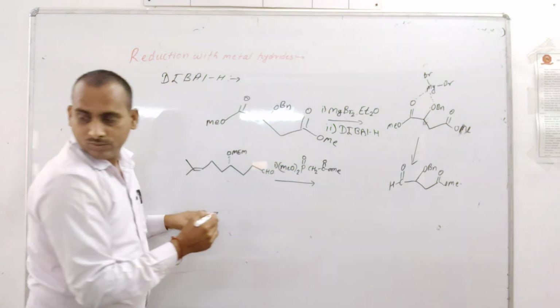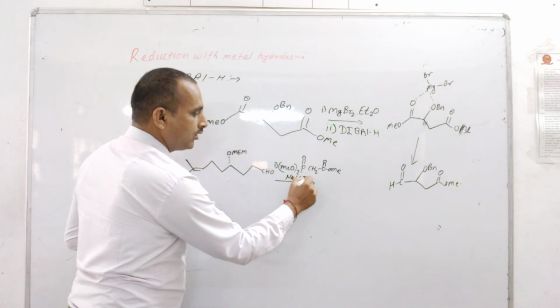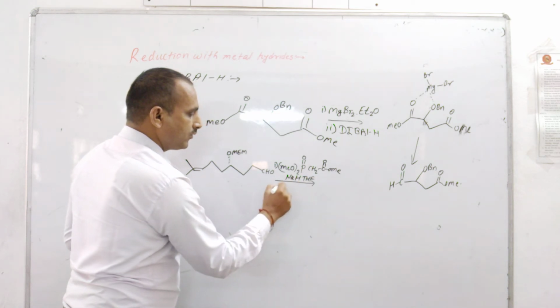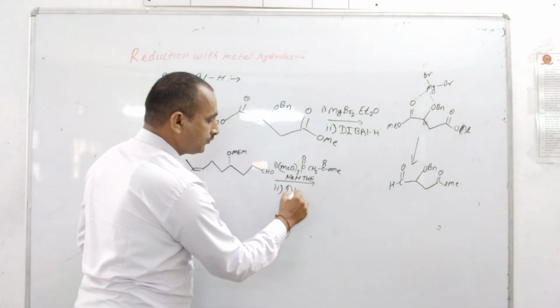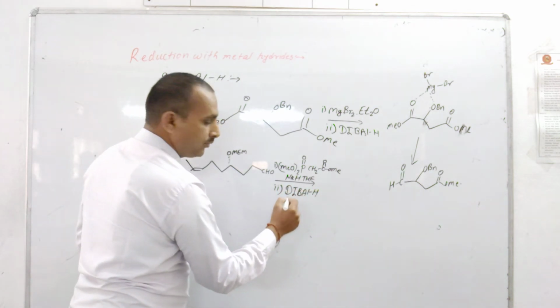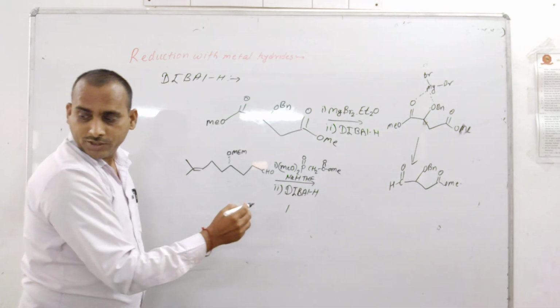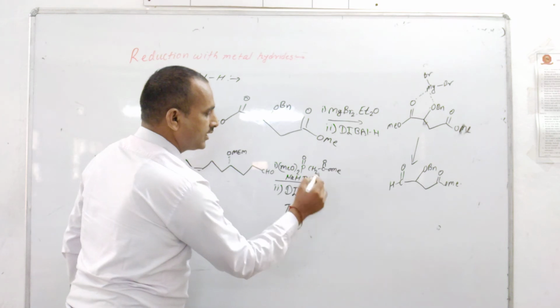First step, followed by NaH, THF. Second step is diisobutyl aluminum hydride in THF solvent at 0 degrees Celsius.